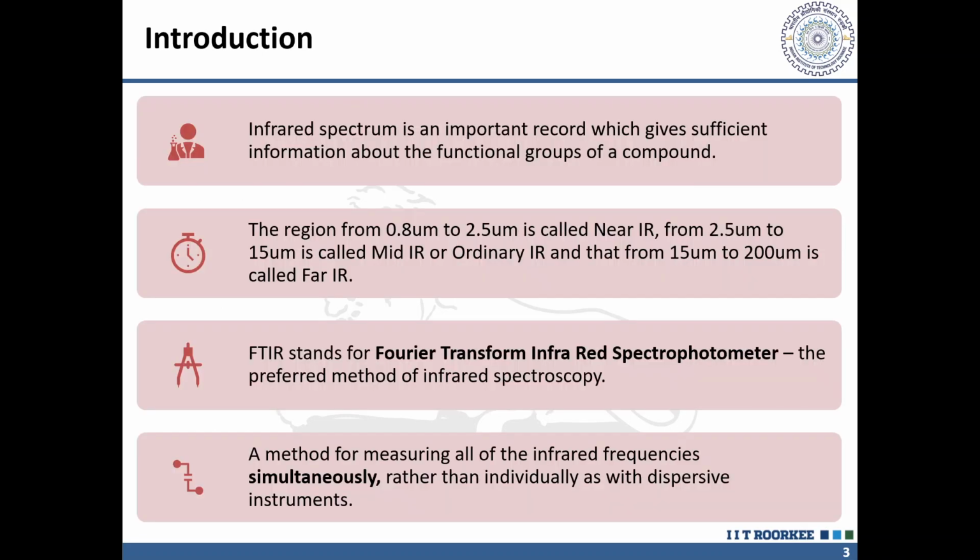So, first of all, friends, the infrared spectrum is a very important record, because it gives sufficient information about a compound, to know which functional groups are there, so that it can further explain the properties. If you see carefully, the functional groups in a compound will determine its physical and chemical properties.